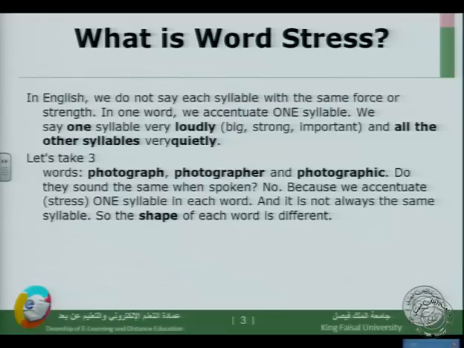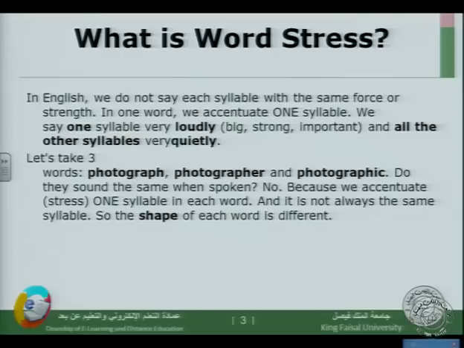We say one syllable very loudly, big, strong, important, and all other syllables very quietly. So, do you understand now the concept of stressing? The concept of accentuating one syllable? So, you say one syllable loudly and the other syllables very quietly.